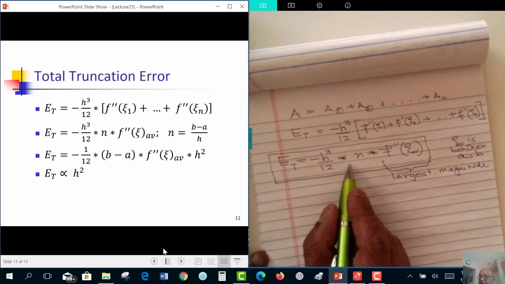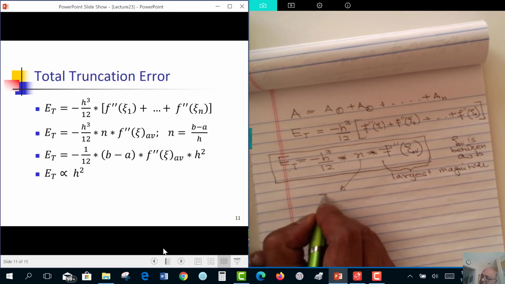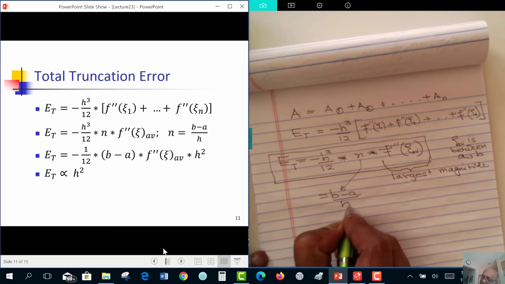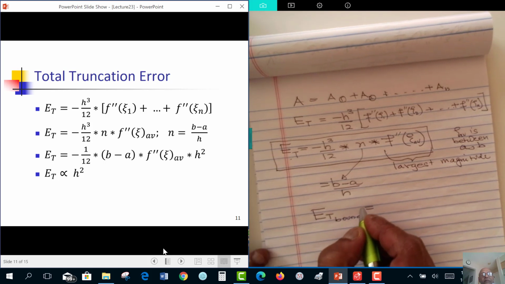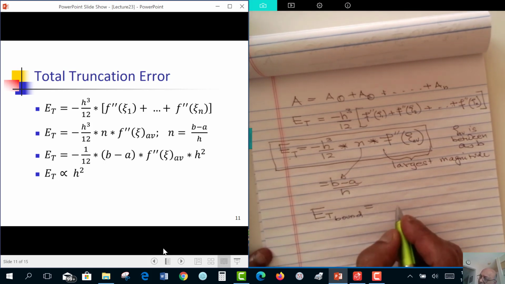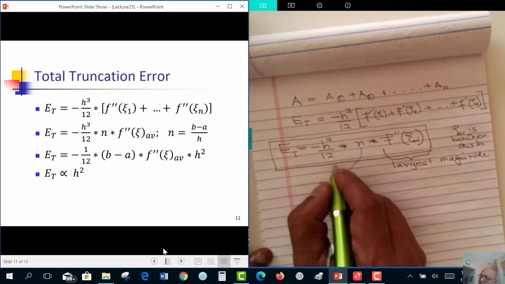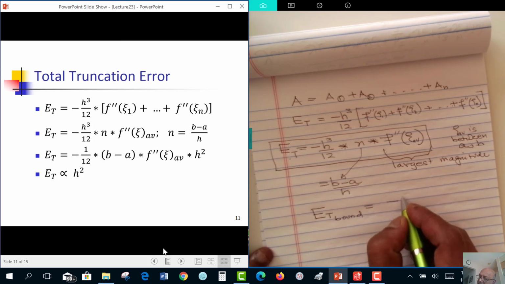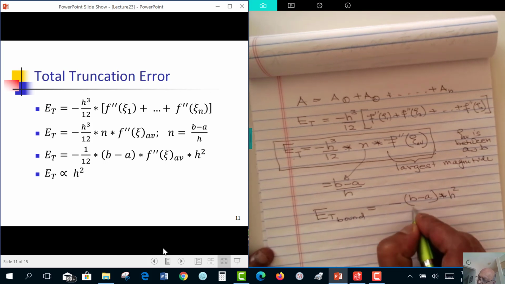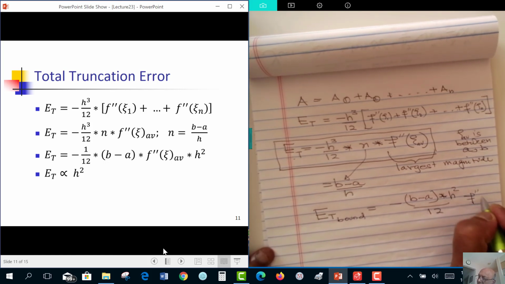But the key idea to learn here is, notice since n is equal to b minus a over h, our truncation error, let's call it bound, will become, if you multiply here by h, b minus a over h, minus b minus a times h square over 12 times the second derivative, and we can say whatever is the largest value.